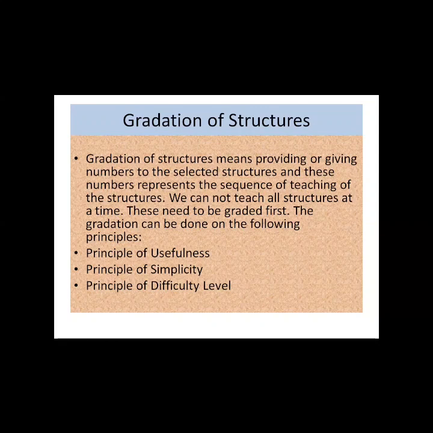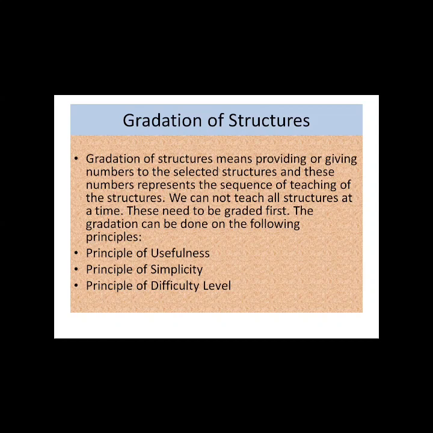Now, the gradation of structures. Gradation of structures means giving numbers to the selected structures, and these numbers represent the sequence of teaching of structures. We cannot teach all the structures at a time. These need to be graded first.